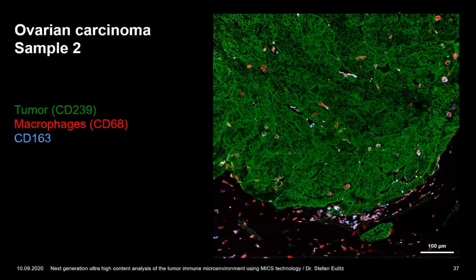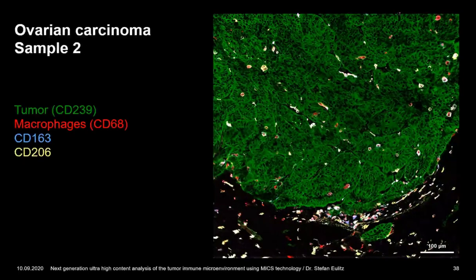So in an attempt to further characterize the phenotype, we see here CD163 in light blue, which is a molecule on macrophages involved in clearance and endocytosis of hemoglobin-haptoglobin complexes. Furthermore, this molecule is mainly present on M2 macrophages. We can see here that there are already different macrophage phenotypes present, as not all are positive for CD163.